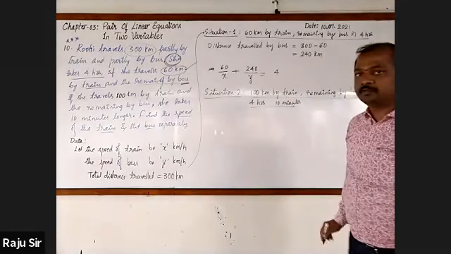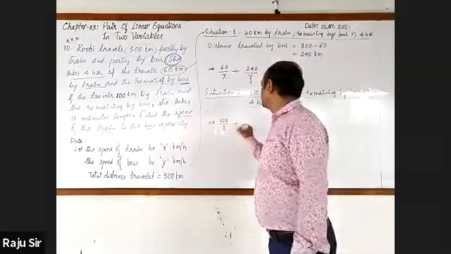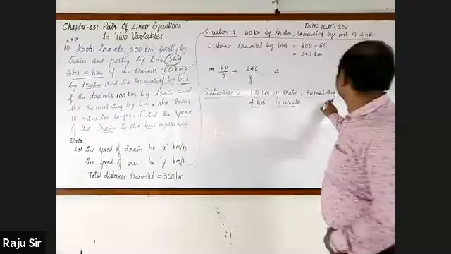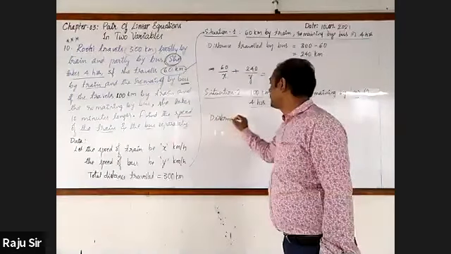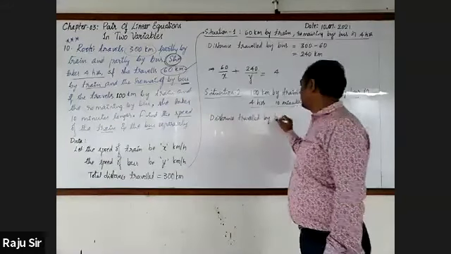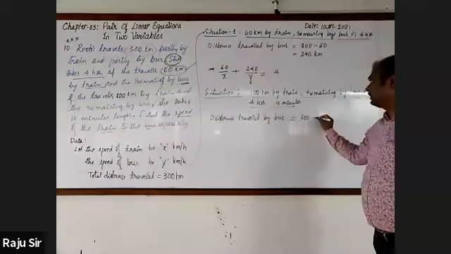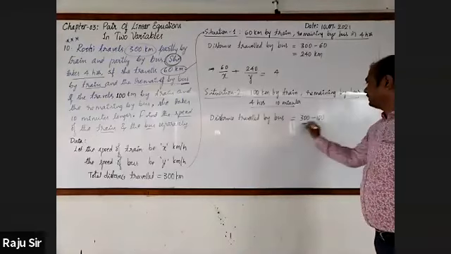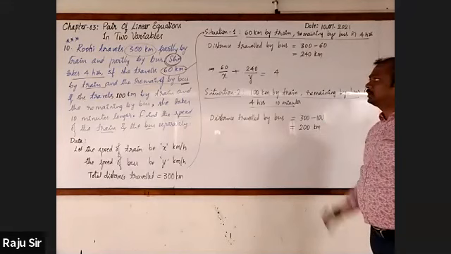Now write the equation. This is 100 by x plus the distance covered by bus, that should be found out. Distance traveled by bus is equal to total distance 300 kilometer, in that 100 kilometer is covered by train, so minus 100, which is equal to 200 kilometer.